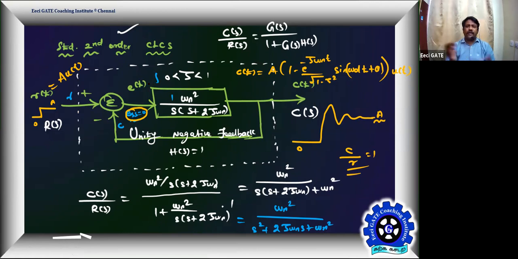Is it clear? So we got the fundamentals of unit impulse response as well as fundamentals of step response for the standard second order closed loop control system. That's the purpose. So hereafter, if the structure resembles a second order, you know how to recollect your formulation.